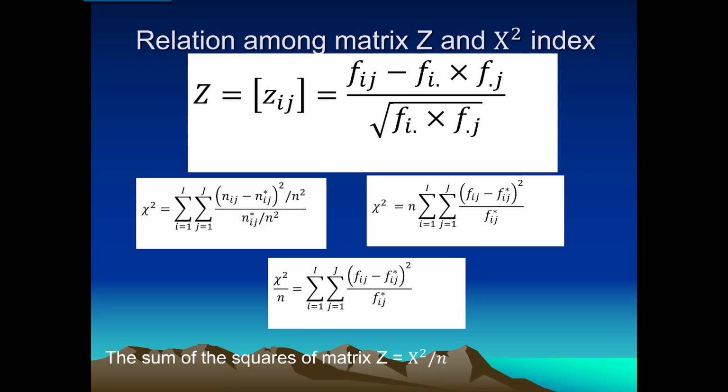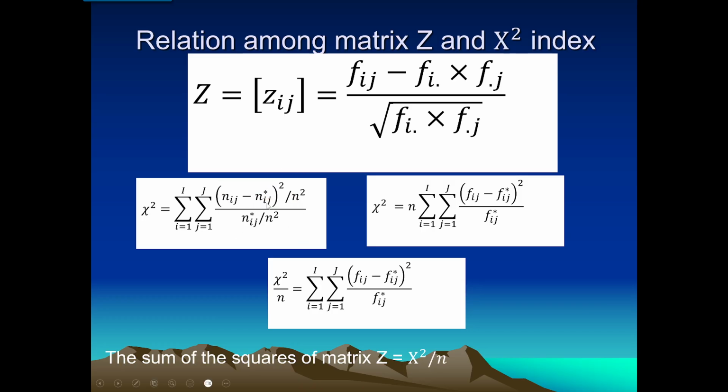But note that the approaches were completely different, because with the chi², there were the theoretical frequencies, and you wanted to see the deviation of the real with respect to the theoretical frequencies.